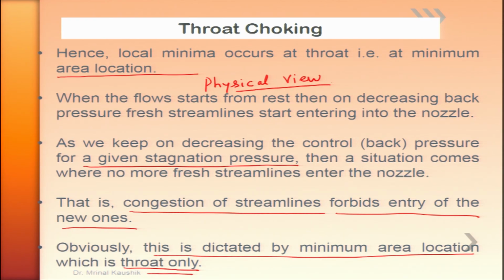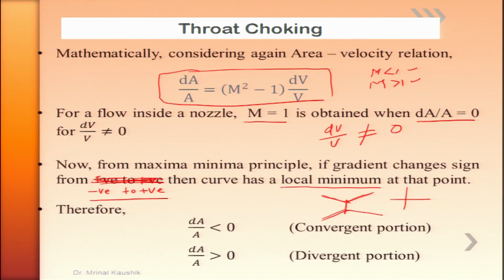Now, it means that for M equal to 1, we essentially say that whenever the throat is choked, that is, M equal to 1 is achieved, only after that will we be able to achieve supersonic flow in the divergent section. How to understand this physically? Why the choking?